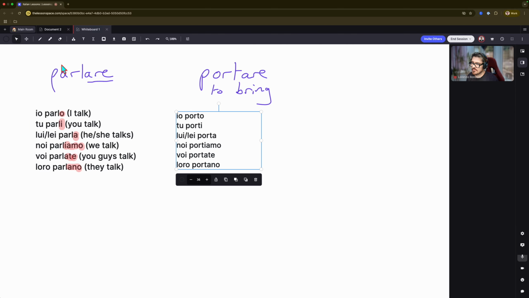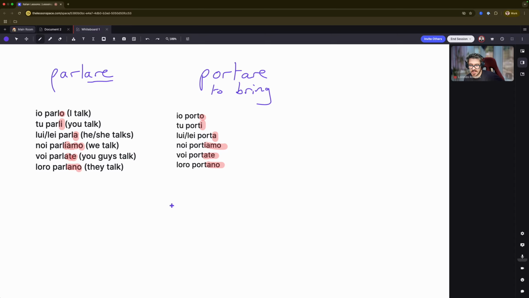Cool. So, what do we notice? These endings are actually the exact same as what we see with parlare. That is good news. So we can see for the I version, it's O. For the you version, it's I. For the he/she version, it's A, etc. We can go on and on forever.